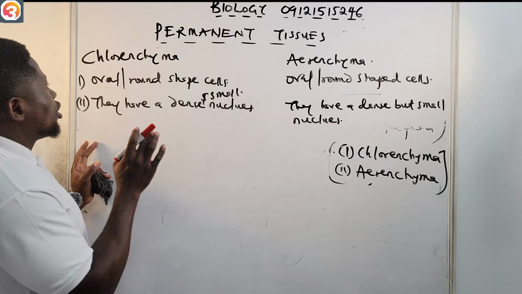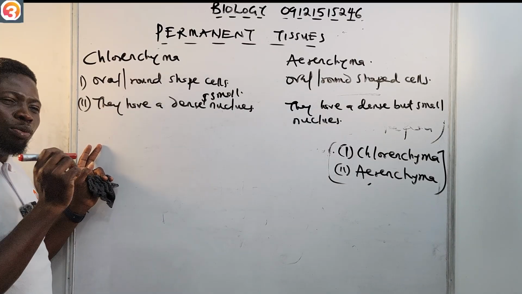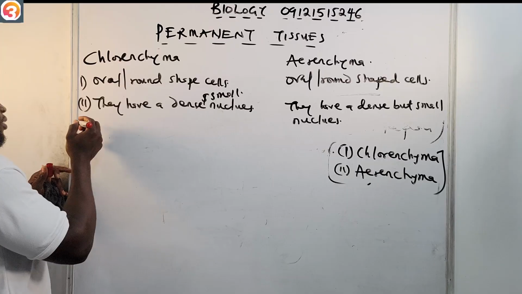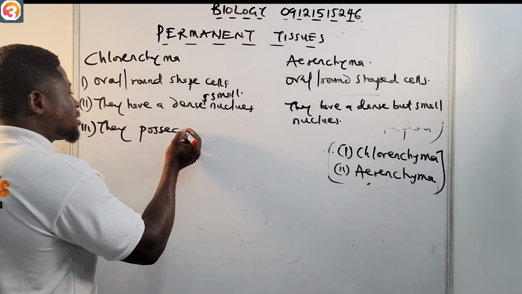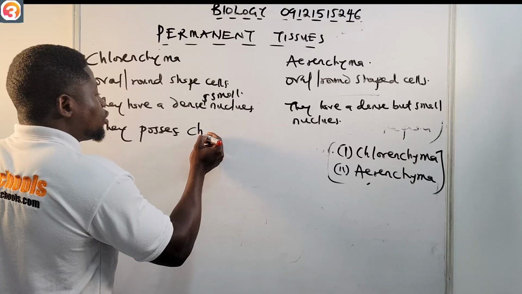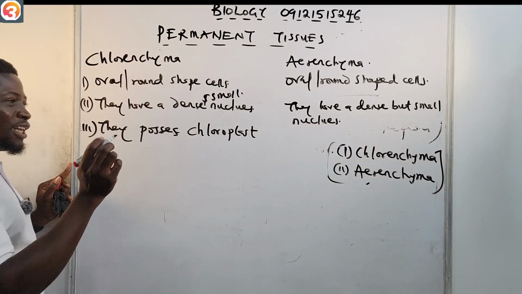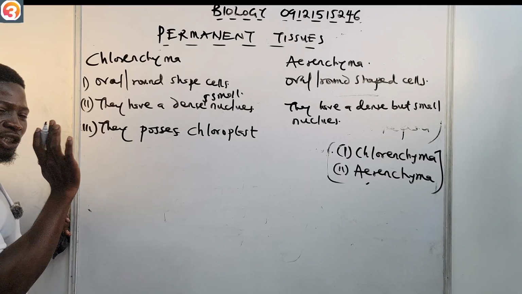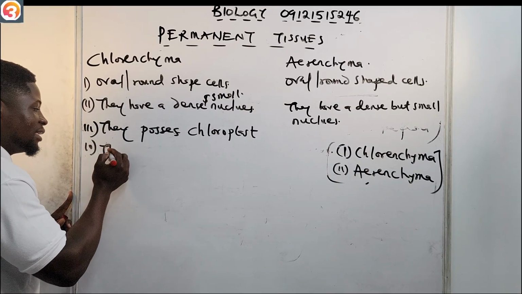Okay, for Collenchyma cells, they possess what we call chloroplast. And this means that the Collenchyma tissues can photosynthesize.